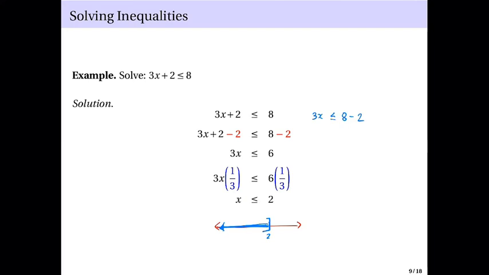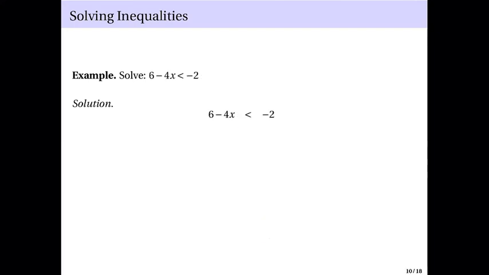Question? For the next example here, we have 6 minus 4x less than negative 2. Okay? So again, you see the expression on either side of the inequality is at most linear.